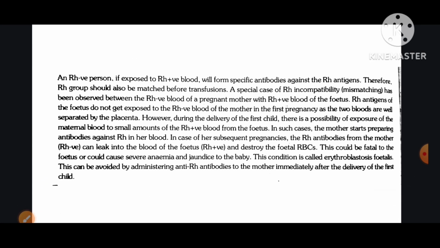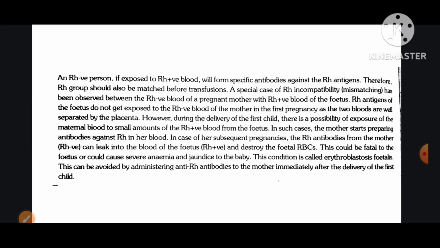An Rh negative person, if exposed to Rh positive blood, will form specific antibodies against the Rh antigen. Therefore, Rh group should also be matched before transfusions. A special case of Rh incompatibility mismatching has been observed between the Rh negative blood of a pregnant mother and the Rh positive blood of the fetus.